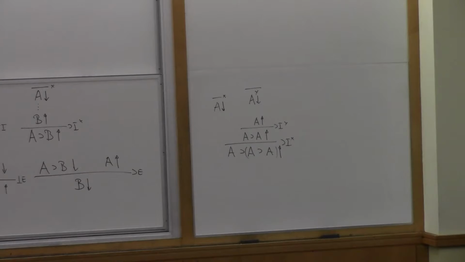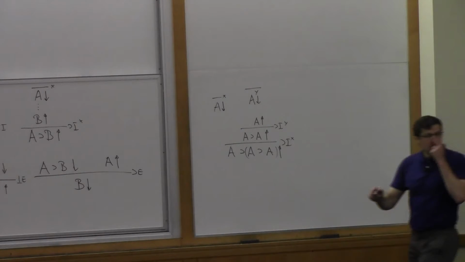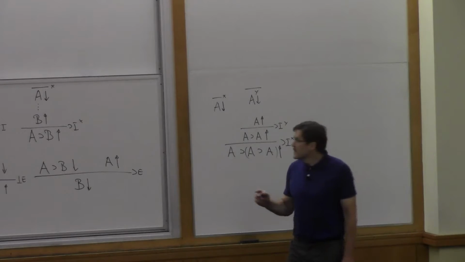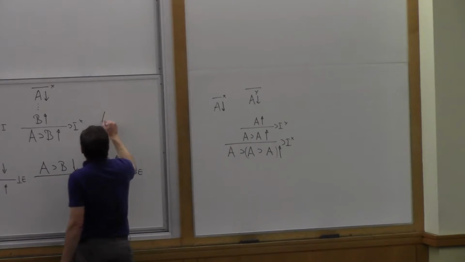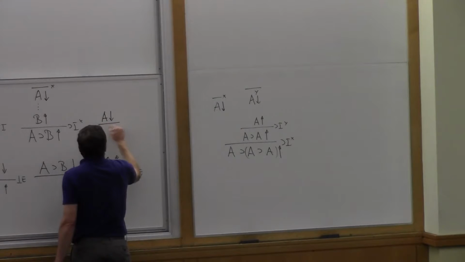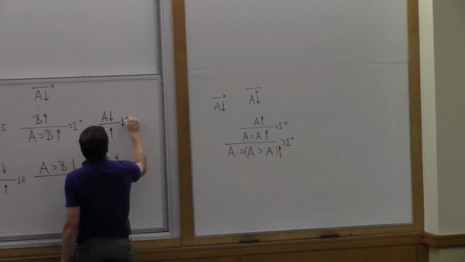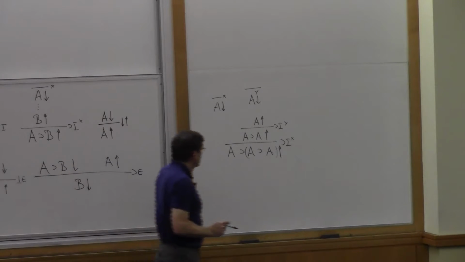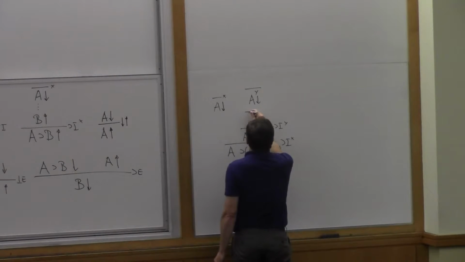So what rule is missing? I think you said it. If I can use A, then that's sufficient to count as a verification of A. So this is the down-up rule, okay? And then I'm going to use that here.